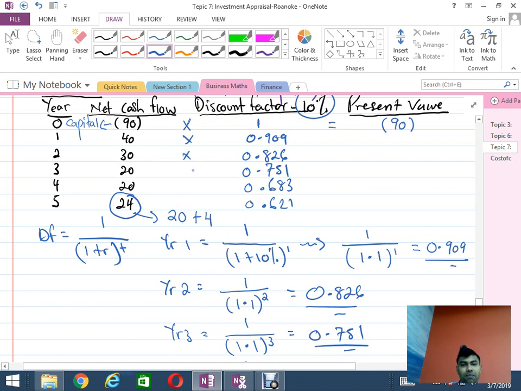Just multiply with the discount factor. How much you get? And that will give you the net present value, NPV.